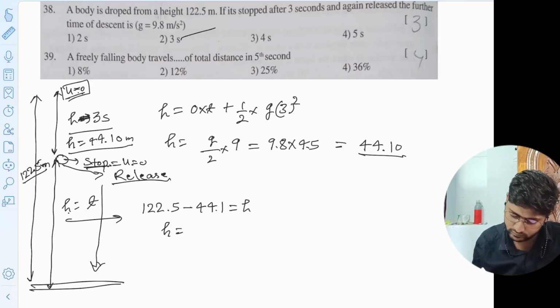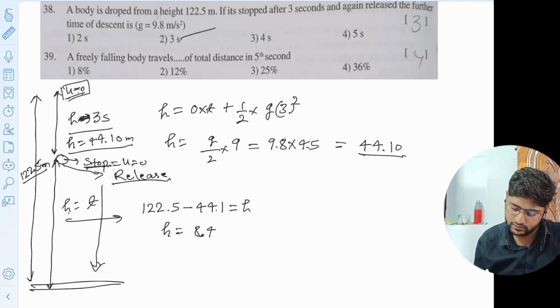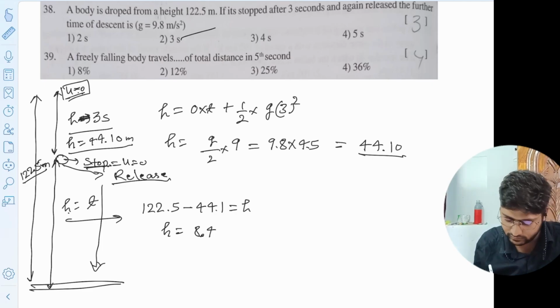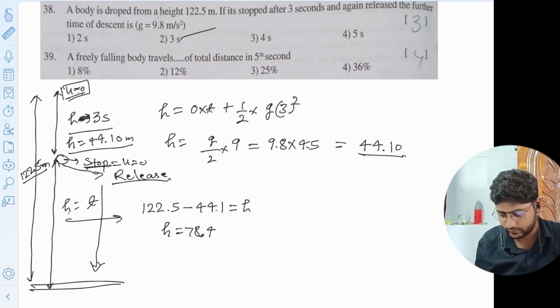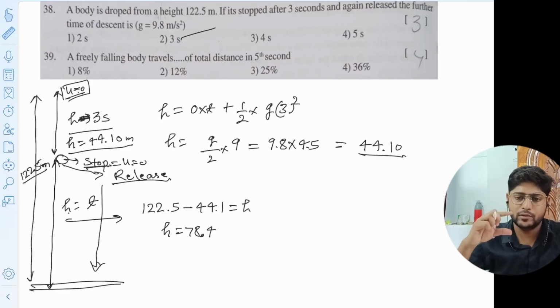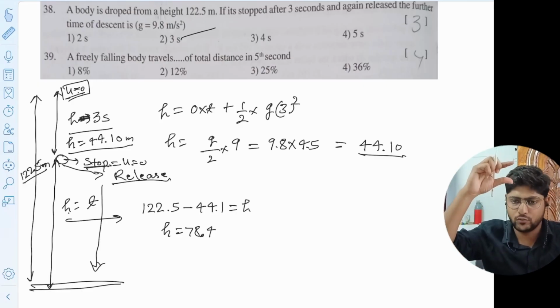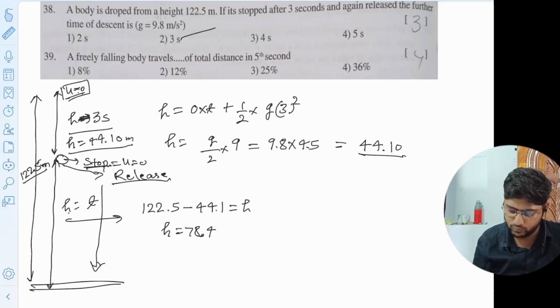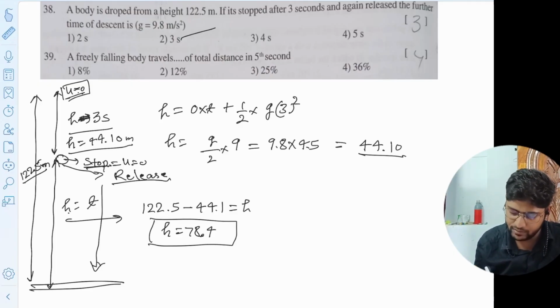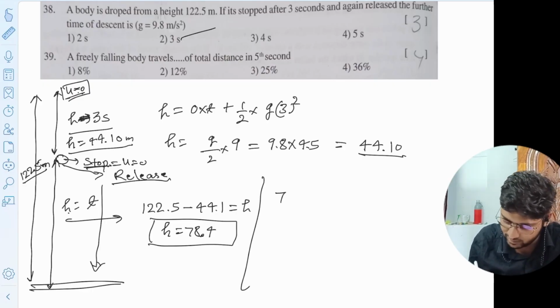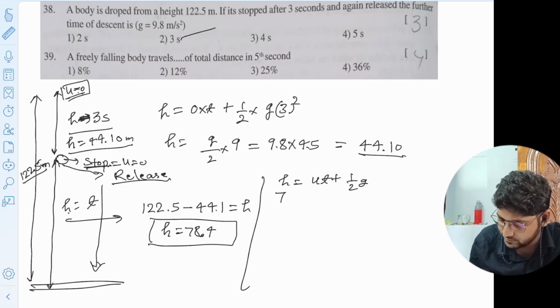So h equals 78.4. Below side 78.4, above side 44.1, total 122.5. Now tell me how much time it will take to cover this height. So again we apply the same formula: height equals ut plus half gt square.